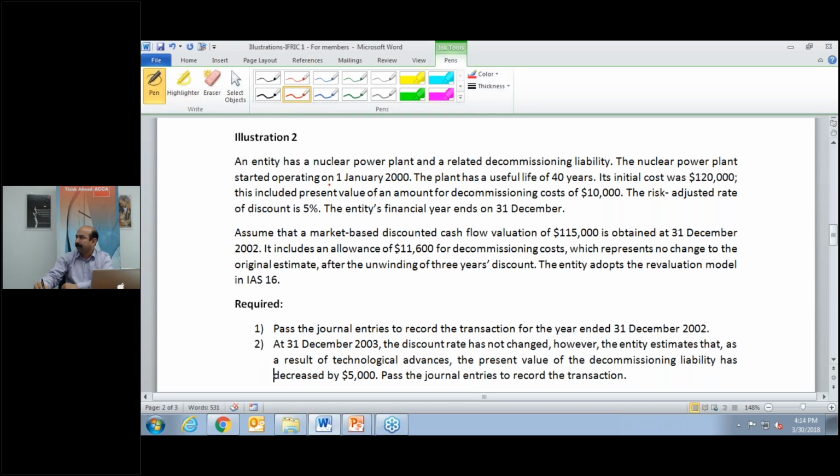See, this is the date when this power plant started, and the life is 40 years, and the initial cost is 120,000, and it includes this 10,000, because we know that restoration and dismantling cost will become part of the cost of the asset when initially recognizing. And the discount rate is 5%.